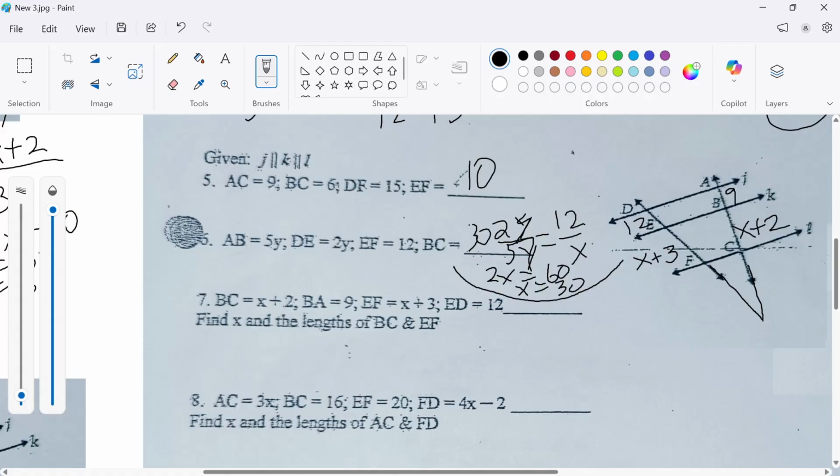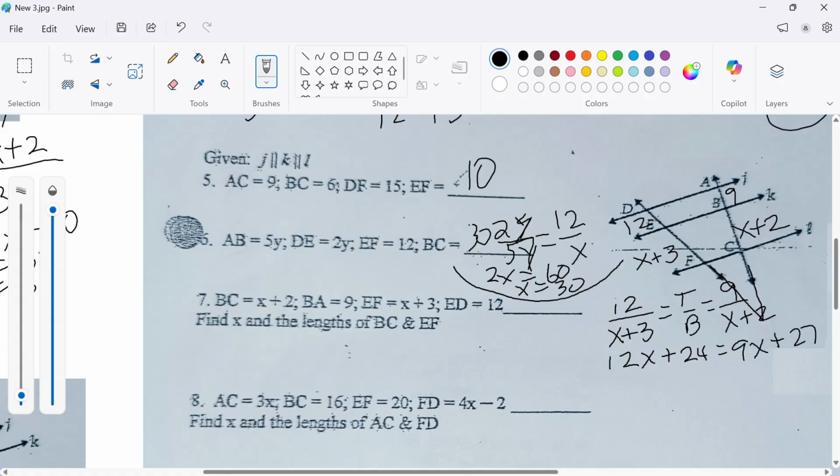All right, so I can do it all kinds of ways. 12 to x plus 3, I'm doing top to bottom, equals 9 over x plus 2. And I will cross multiply. 12x plus 24 equals 9x plus 27.